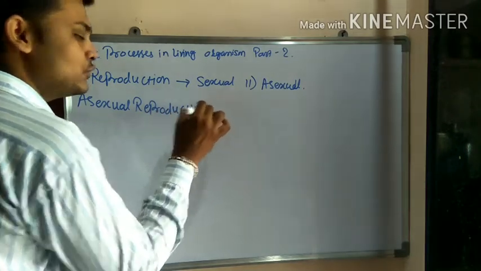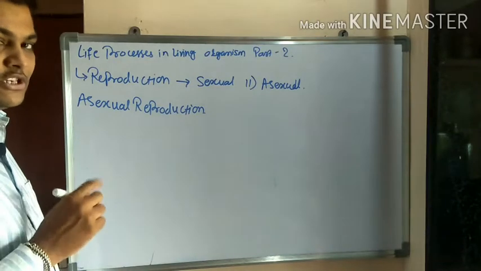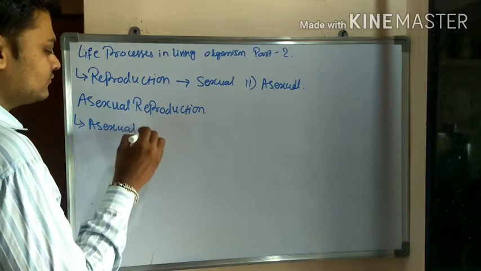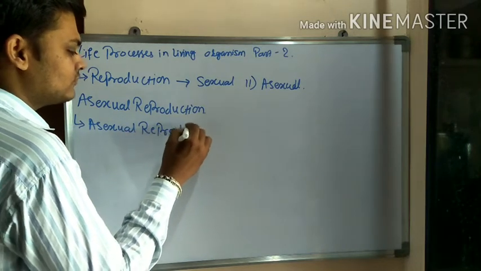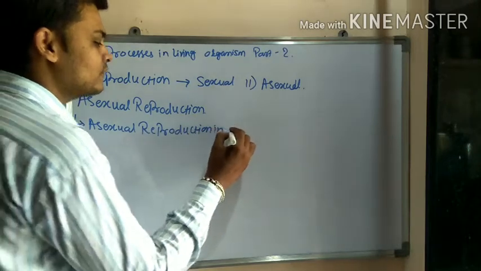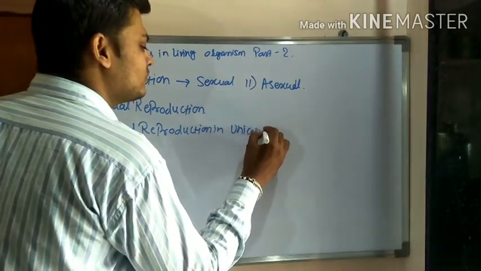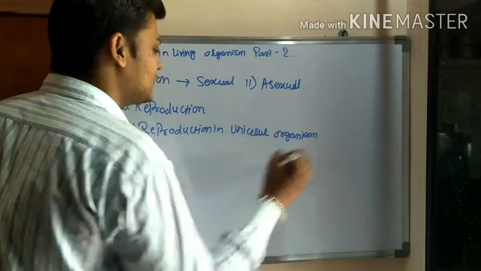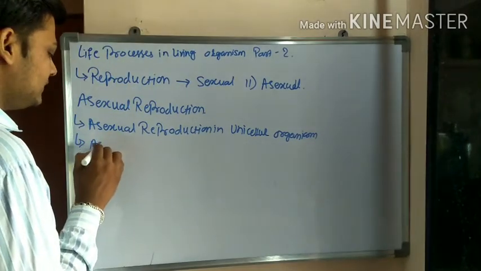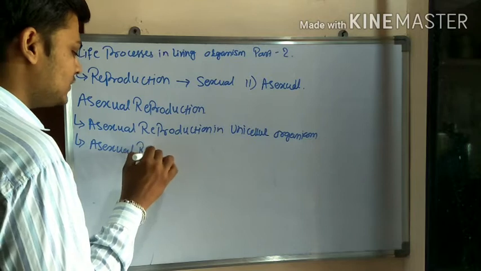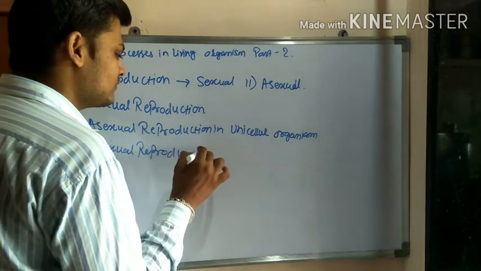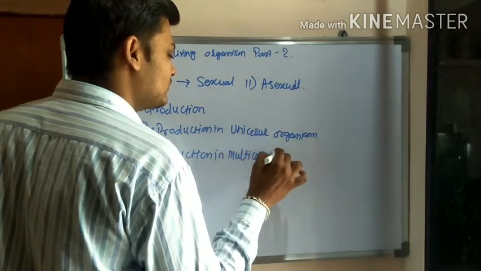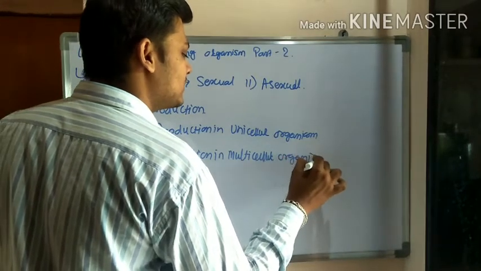Asexual reproduction is also divided into two types. The first one is asexual reproduction in unicellular organisms, and the second one is asexual reproduction in multicellular organisms.